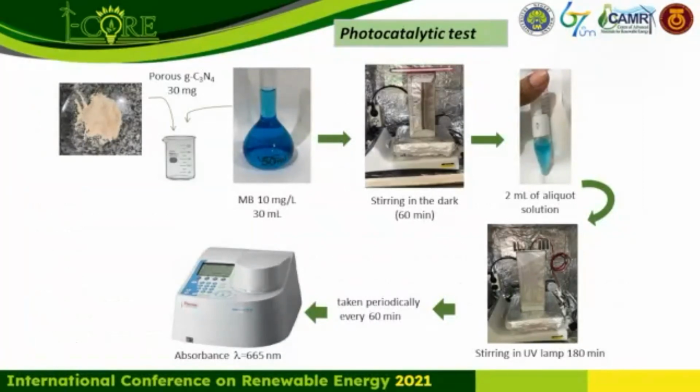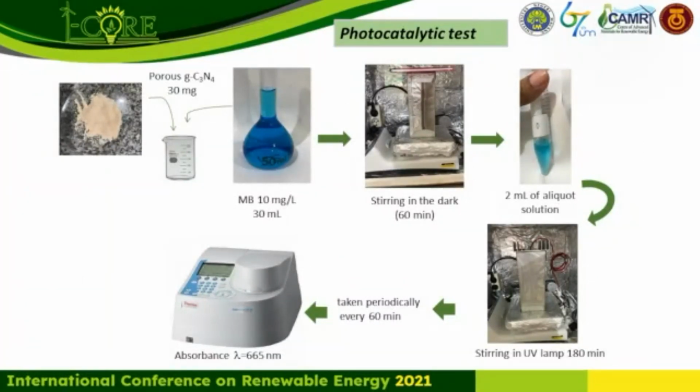The solution was allowed to stand for 1 hour in the dark to reach methylene blue adsorption equilibrium. After 1 hour in the dark, the UV lamp was turned on and 2 ml of the solution was taken periodically every 60 minutes up to 180 minutes.